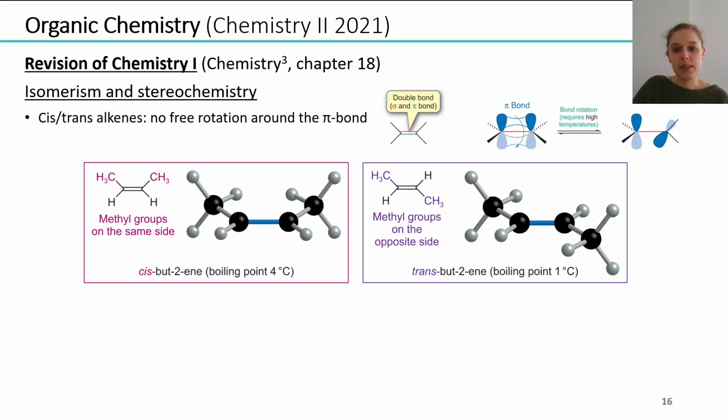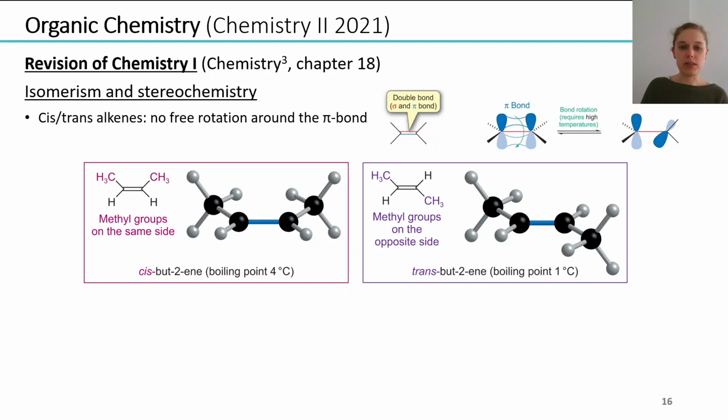Cis and trans is still okay, but now it is preferred to call the so-called trans isomer the E isomer, and the cis the Z isomer. Related to this cis-trans isomerism, we use the Cahn-Ingold-Prelog rules, where we refer to the higher priority groups for assigning the E and Z nomenclature.